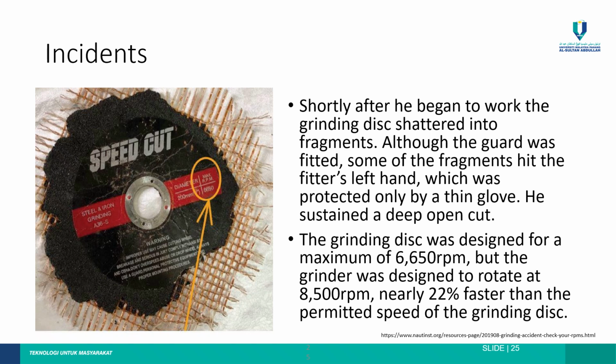So the disc couldn't cope with the rotation of the grinder, and that's why it just shattered. The lesson learned is that when using a grinder, make sure the speed rating of the disc is suitable for the speed of the grinder. If it is compatible, then this kind of incident won't happen.